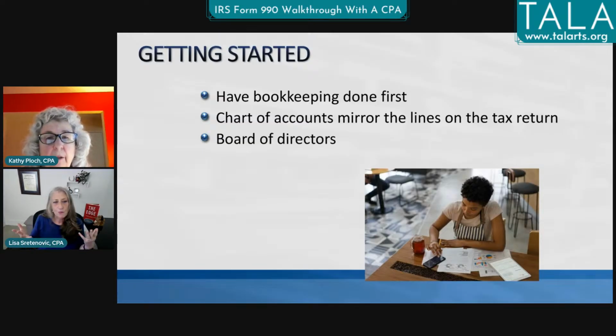Yeah. And the last thing on the slide is the other thing you're going to need: a list of the officers and directors you had during that particular year. My recommendation is to hit up my board, especially my treasurer. Hey, give me a donation so I can go buy that.